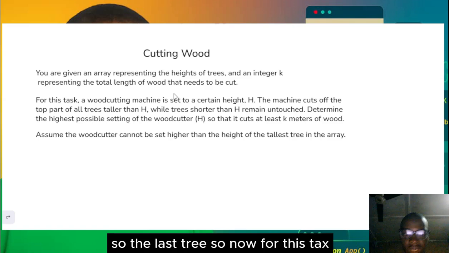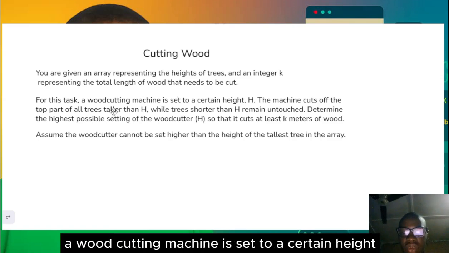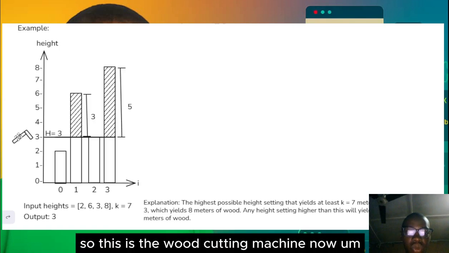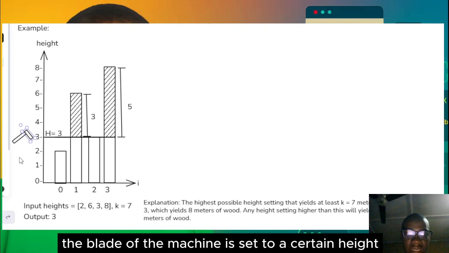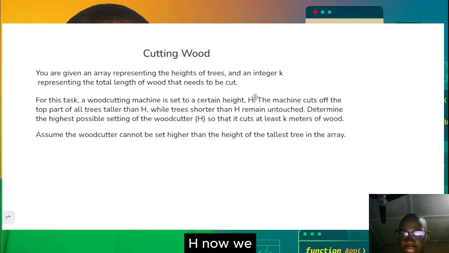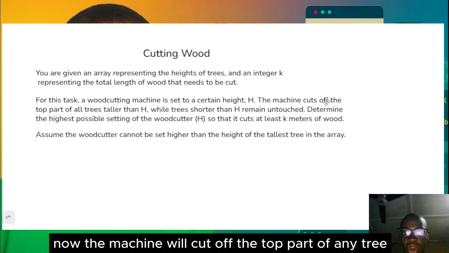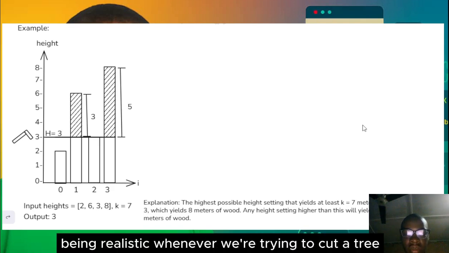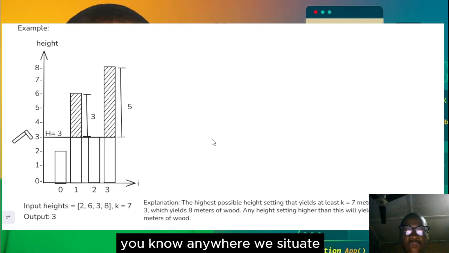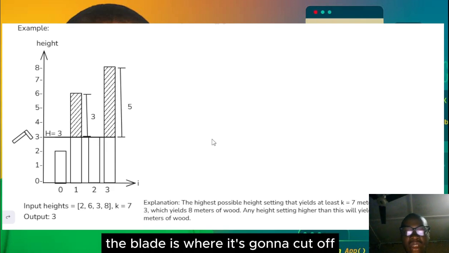Now for this task, a wood cutting machine is set to a certain height h. This is the wood cutting machine; the blade of the machine is set to a certain height h. The machine will cut off the top part of any tree taller than h. Just like in real life, wherever we situate the blade is where it cuts off.